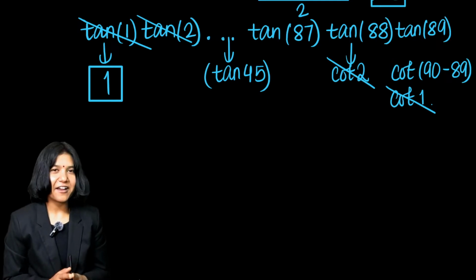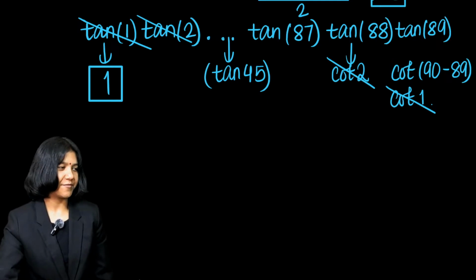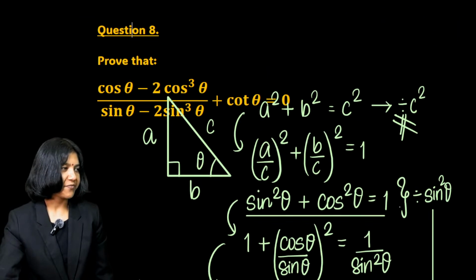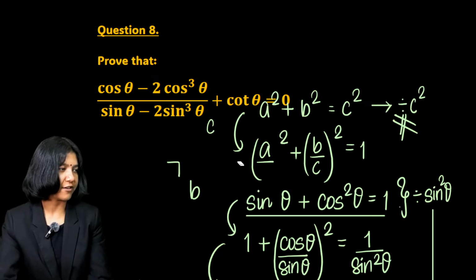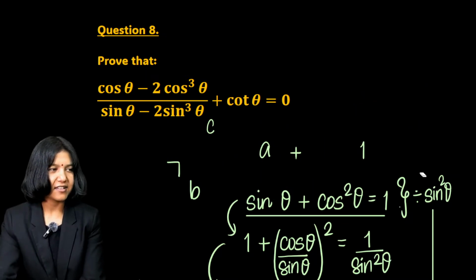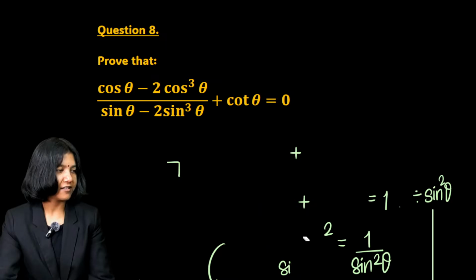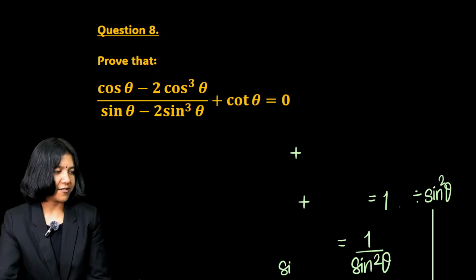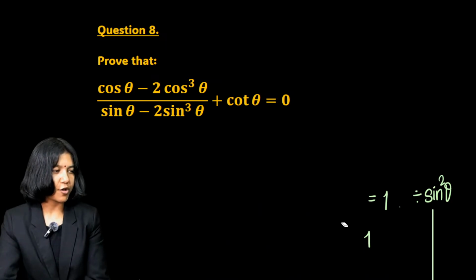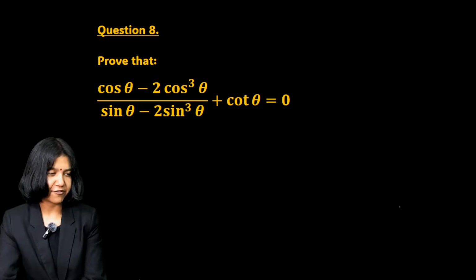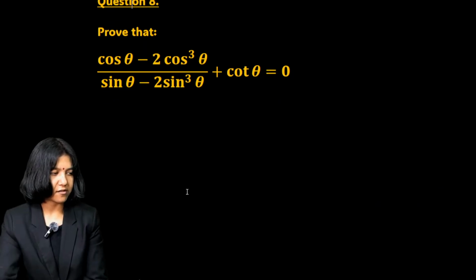Okay, I have one last question from trigonometry right now. This is just the proof that I was doing before. If there is anything you want to understand in trigonometry after this question, you're free to ask.